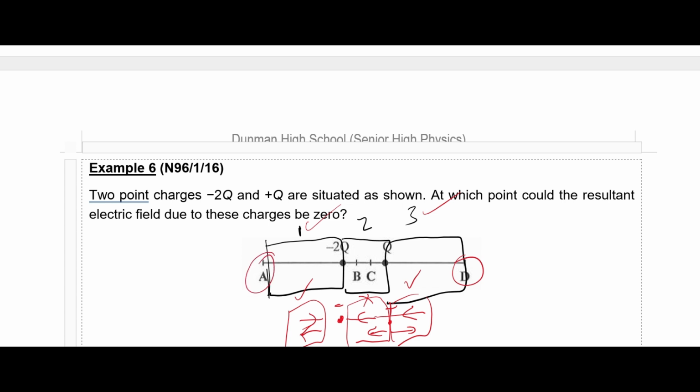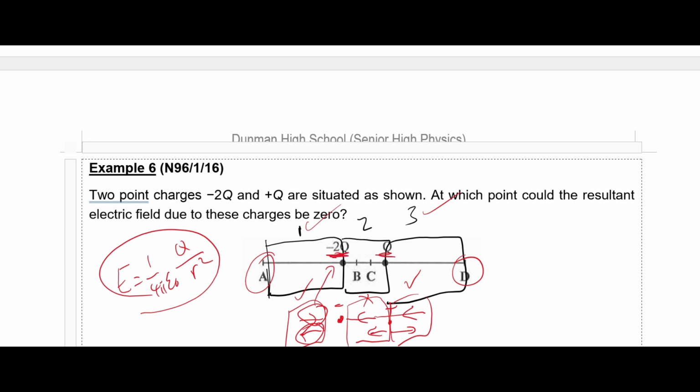But if we look at region A, you realize that this vector is from the -2q and this vector is from q. The electric field strength is 1 over 4 pi epsilon naught, q over r squared. If we look at this term, can you see that in region 1, the -2q will always be stronger than the q?